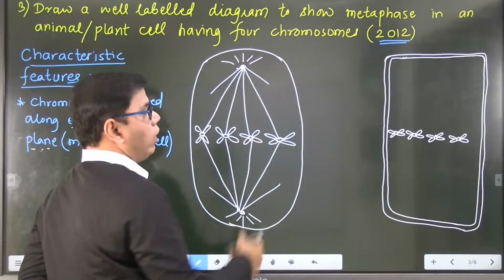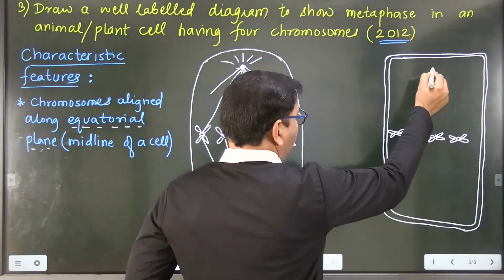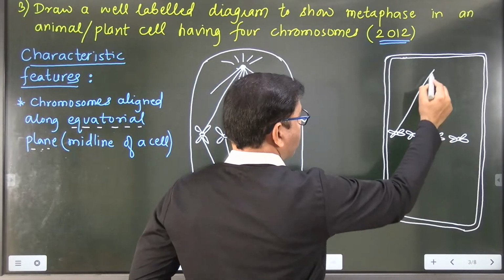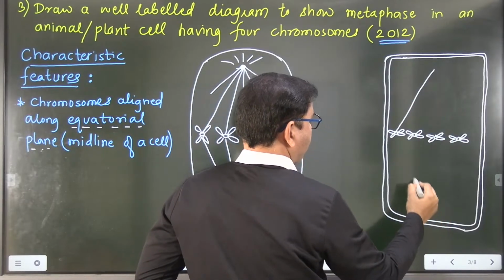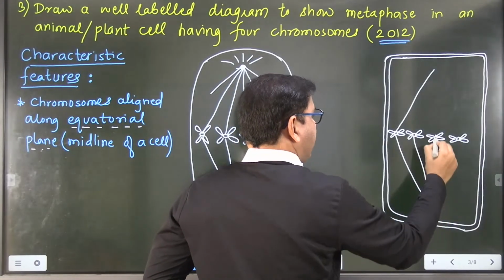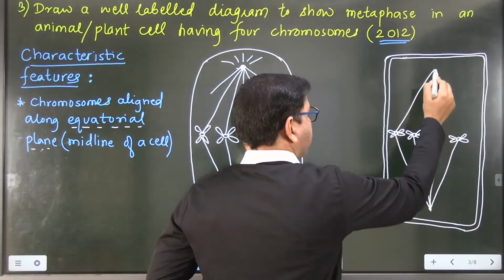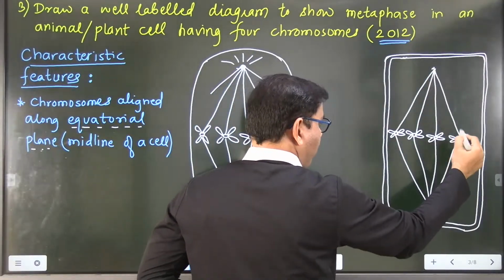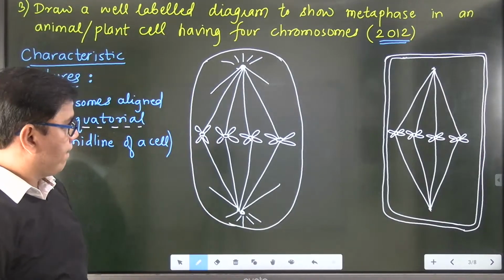Here no centriole, no esters. Okay, directly spindle fibers. You can use your scale also to get straight lines. You can use your scale. Fine.